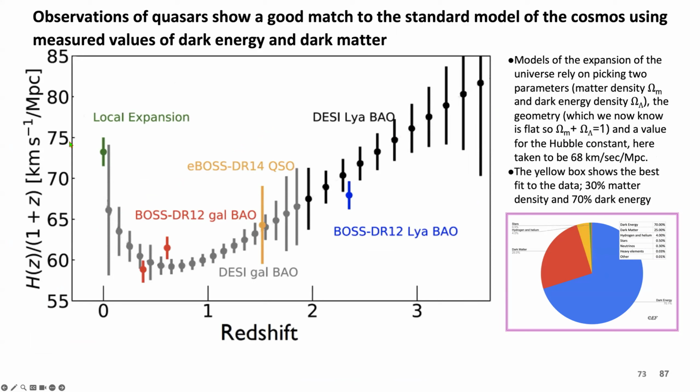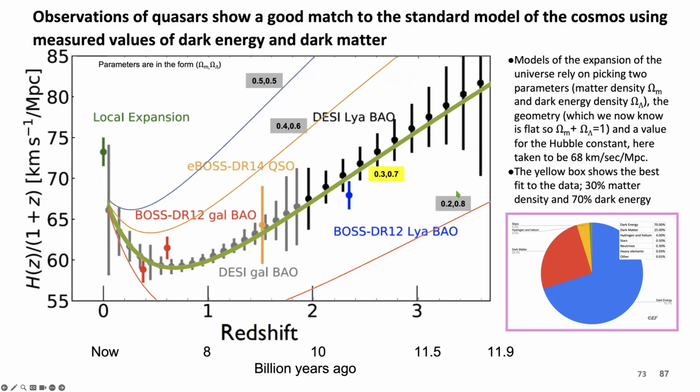It doesn't matter how we've laid this out or what it represents, but these are measurements with error bars on galaxies. If we take the numbers we get from the concordance, or these two numbers, and we put them into Einstein's theory, this dark green line is the 30%, 70% partition between matter and dark energy, and it matches very well with the observations.